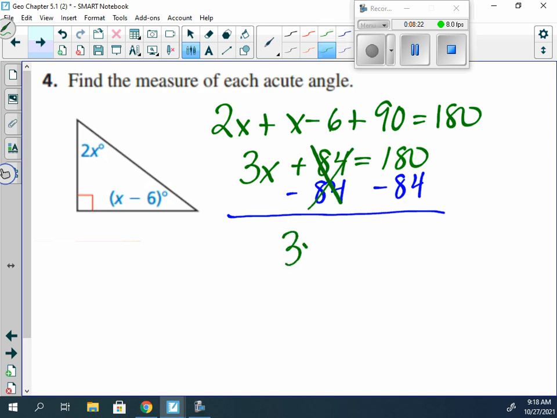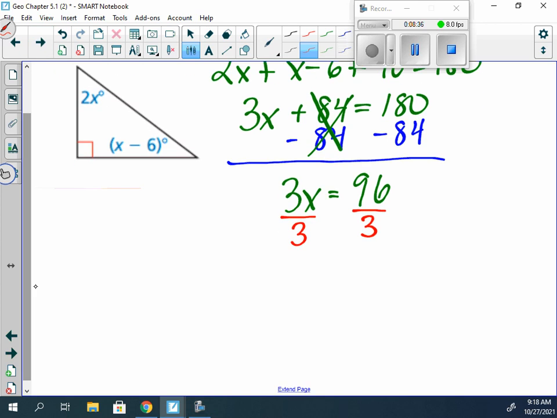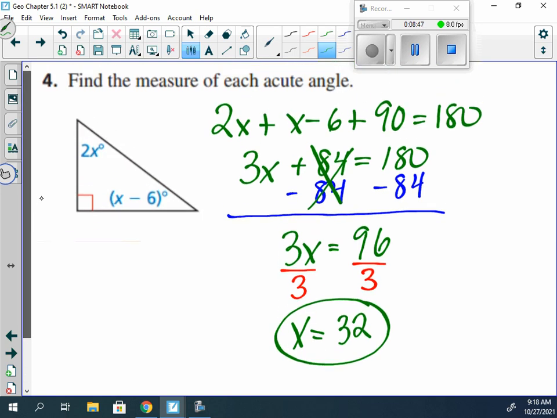So we're just left with 3x is equal to 96. Now what can we do? Divide both sides by 3. So x is equal to 32. And that's what it asks for, yes?